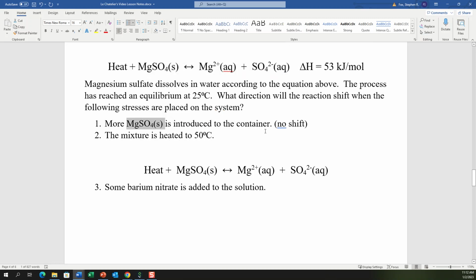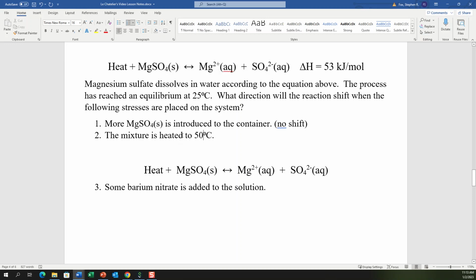More salt's not going to dissolve, so that's a trick one, no shift. Remember, if you add or remove a solid or liquid, liquid would be a different thing if you added liquid water here, because if you added liquid water, then the reaction would shift to the right because these concentrations would go down. It would be like removing these. But if you add a solid, it doesn't cause a shift. So that's one of Le Chatelier's traps. Don't fall for it. All right.